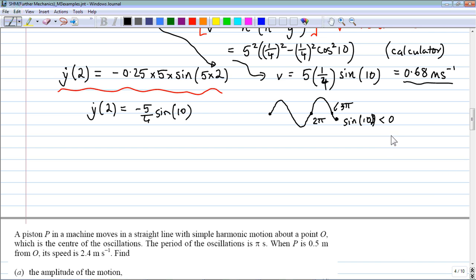Is that right? 3.14 times 3 gives you 9.4 or thereabouts. So sine 10 is a negative number. So if sine 10 is a negative number, it follows that this quantity is positive, because that's negative and negative. So if this quantity is positive, then the direction of motion is moving away from O, and that's the answer.